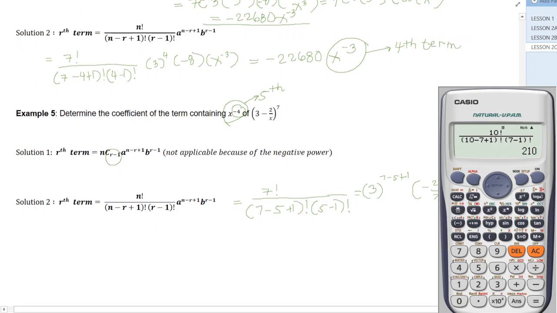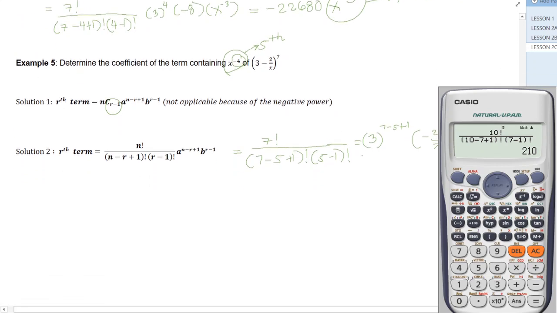Okay, so it should be multiplication, so I will be erasing that. I'll just erase your equal sign there. Okay, so if we are going to compute this one, let us just simplify.